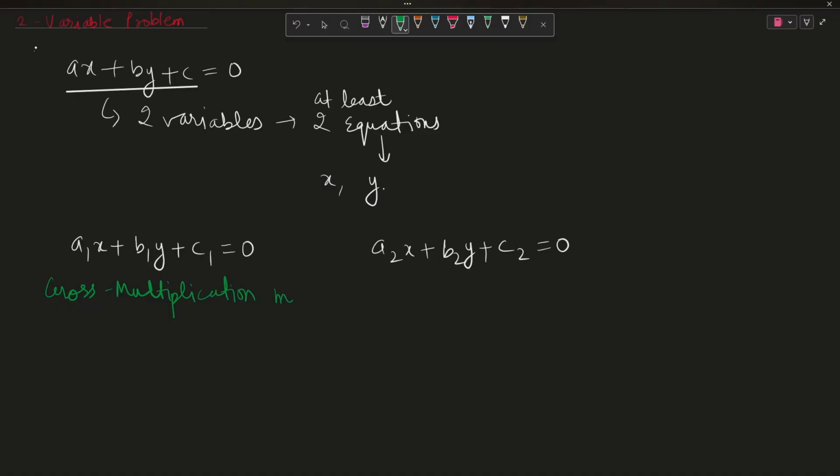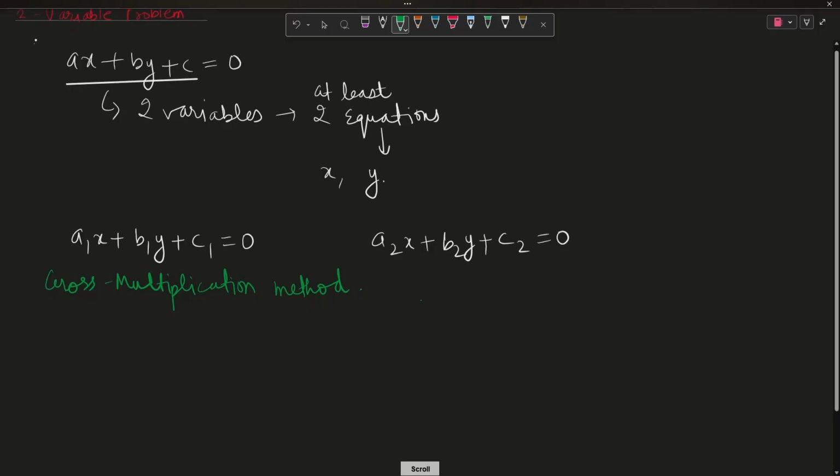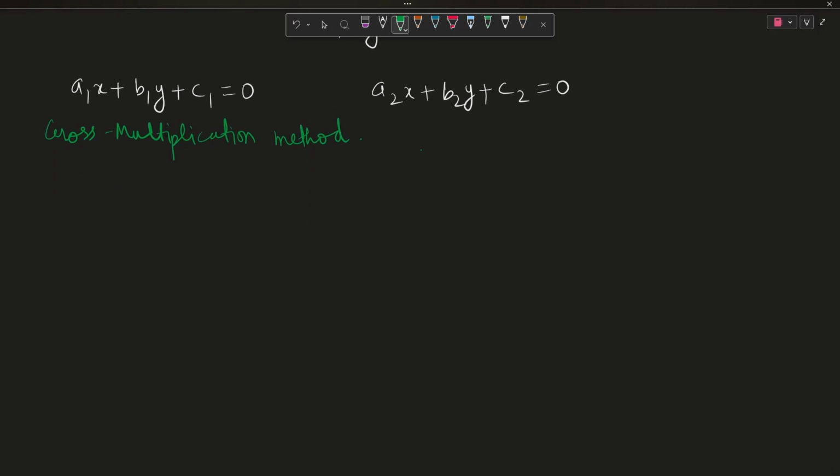Now in the case of the cross multiplication method, the general form to solve such type of equations comes in the form x upon b1 b2 c1 c2 is equal to y upon c1 c2 a1 a2 is equal to 1 upon a1 a2 b1 b2.